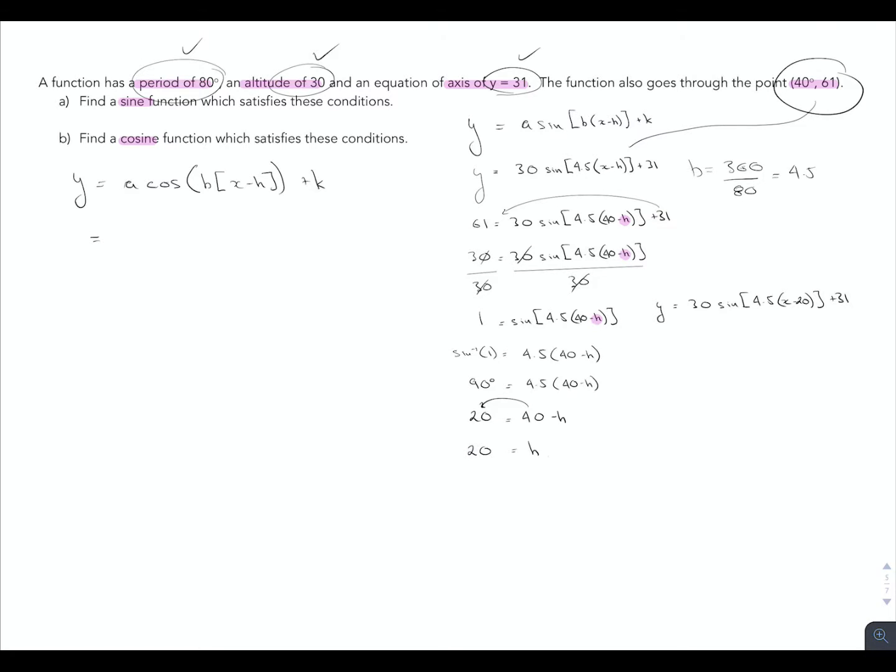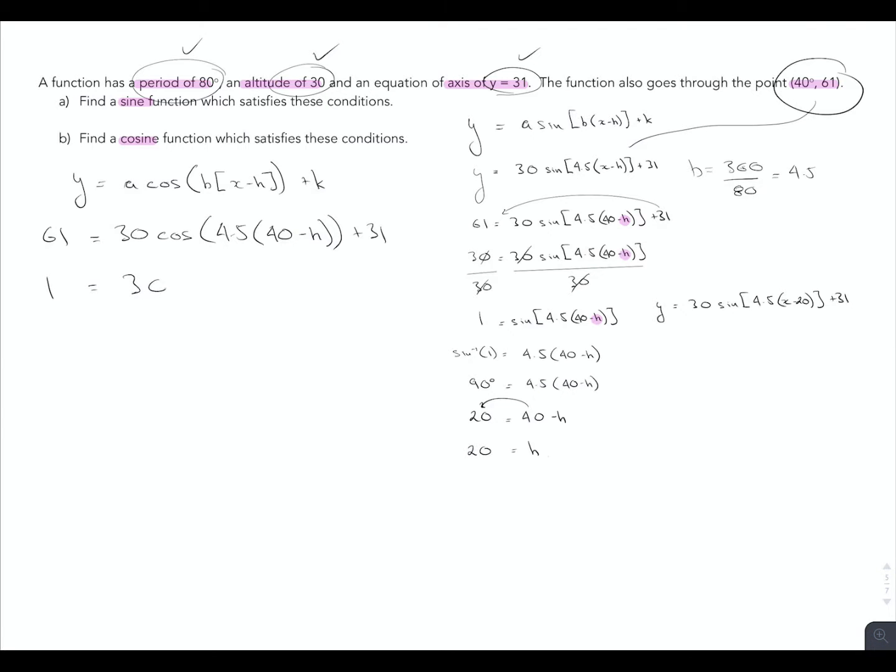So what I end up with here is an equation of this sort, 30 cosine 4.5. I'm going to plug in the point right away. So I have 40 here minus h, and then a plus k here, and this is 61. Oh, by the way, the k, we already know what that is. That is 31.